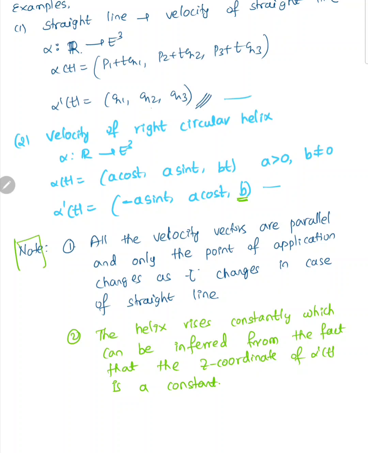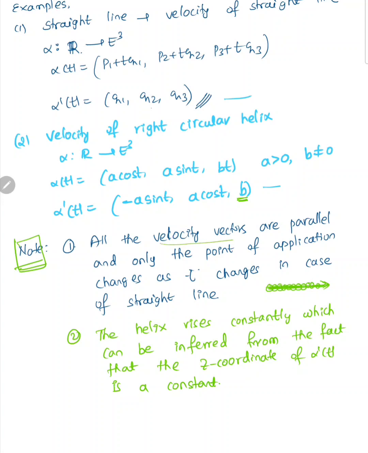So what these two tell us is that a straight line is a line which is going in one particular direction. At each point of a straight line, if we draw a tangent vector, all of them will be parallel. Hence, in case of a straight line, the point is moving, meaning the locus of the point is changing, but the tangent vectors remain parallel.